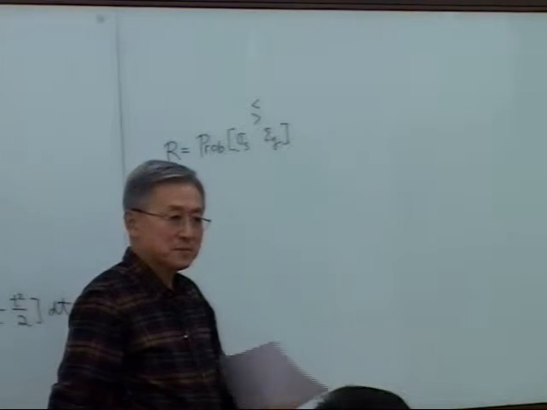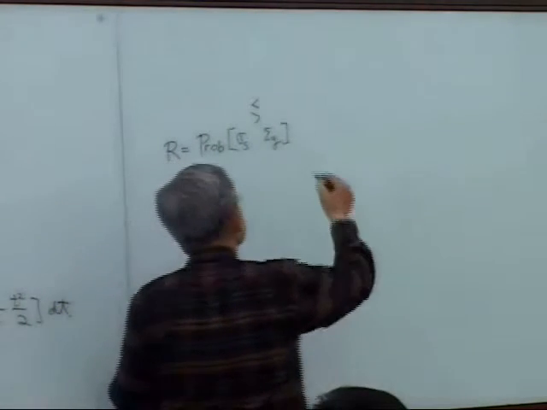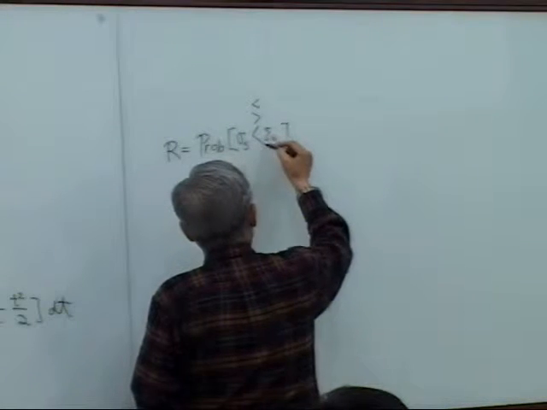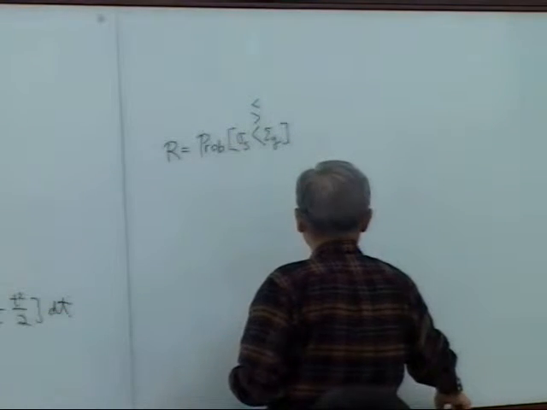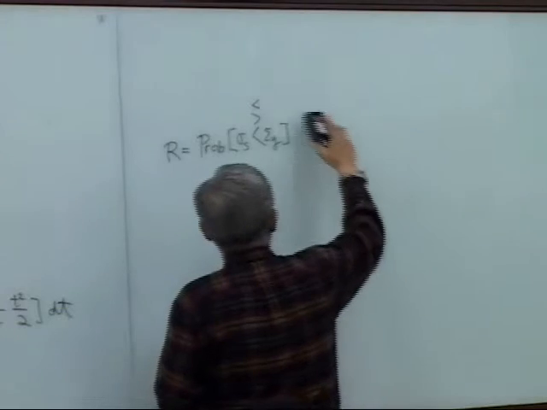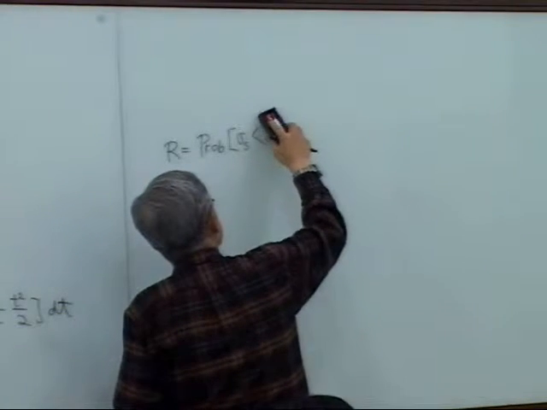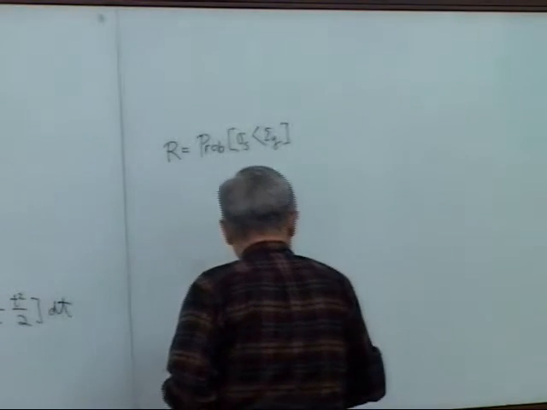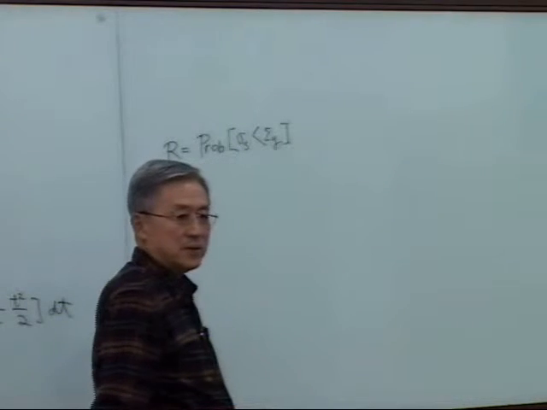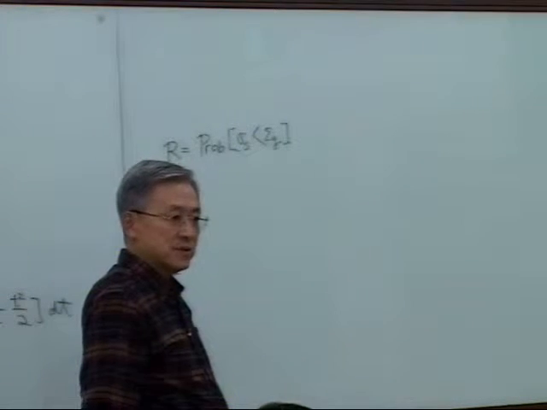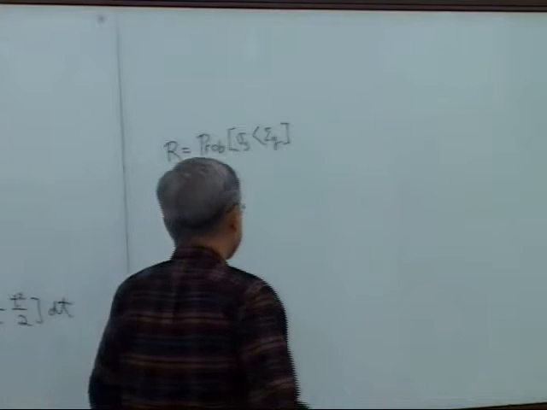Top or bottom? Set top. Why? It's reliability, yield stress. Easy way to remember is the yield stress has to be larger than the actual stress. That's what you're looking for, the probability.